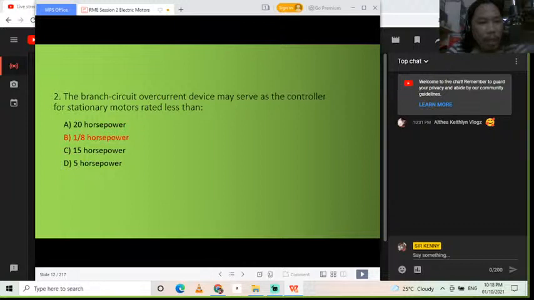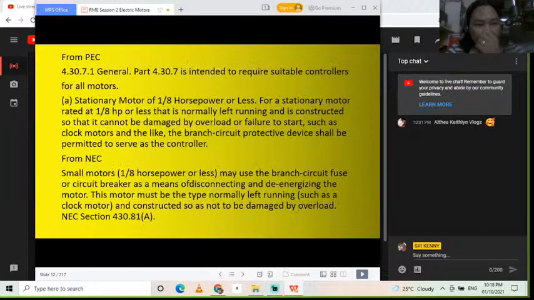So, kung 1/8 horsepower, paano natin nalaman na 1/8 horsepower ang tamang sagot? So, tiningnan po natin yan sa Philippine Electrical Code at sa National Electrical Code. Sa Philippine Electrical Code, Article 4.30.7.1, stationary motors of 1/8 horsepower or less.